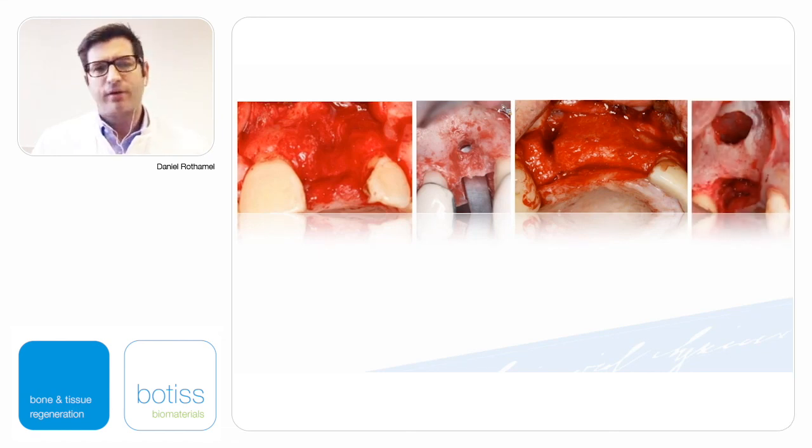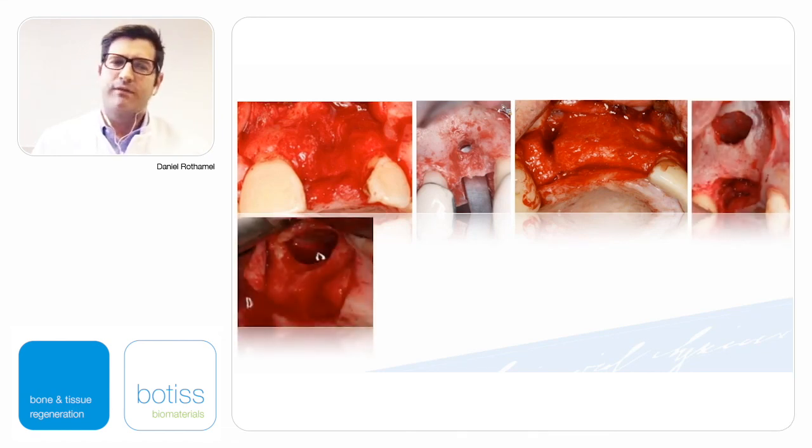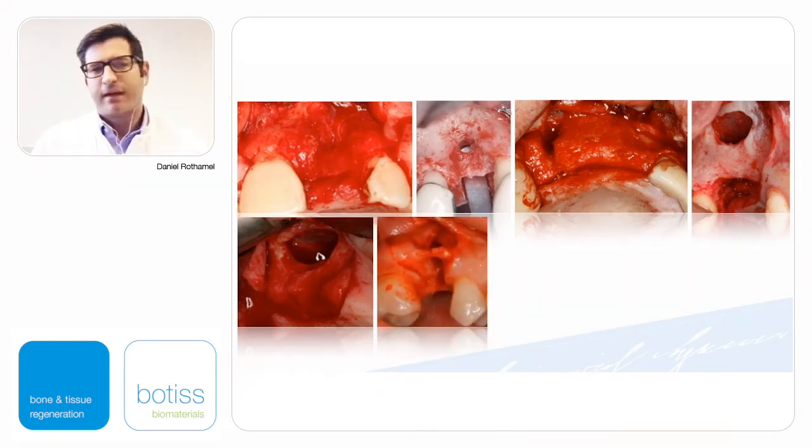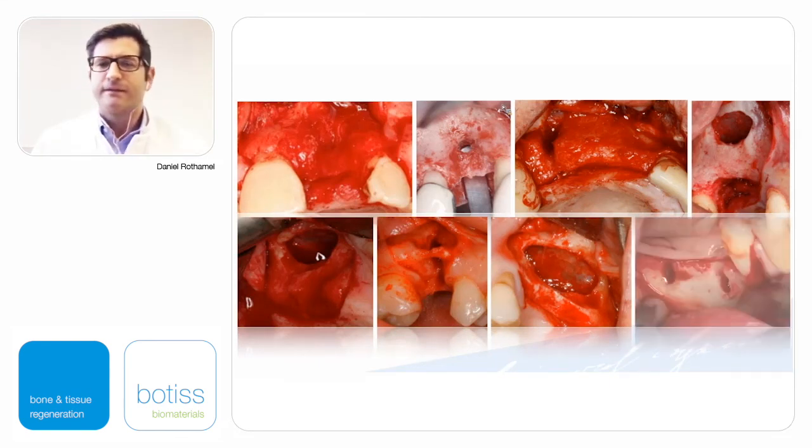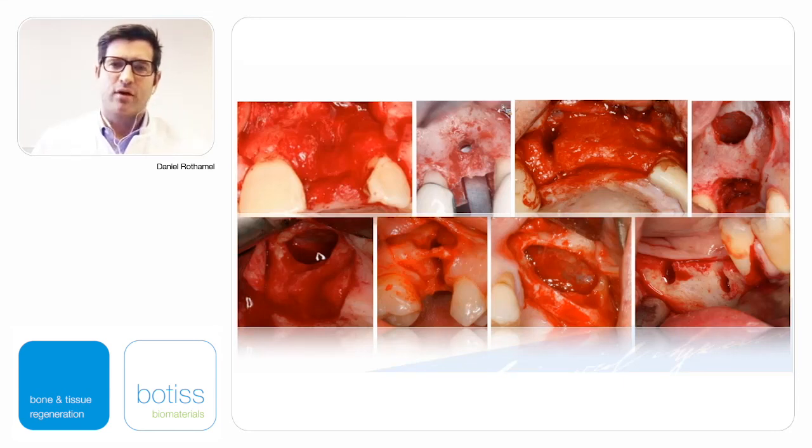We have defects vertically in the sinus or of the alveolar crest. Sometimes there just has been no bone formed after the tooth extraction, or a combined horizontal and vertical defect. And we have to decide which technique we can use for predictable and reliable bone regeneration.